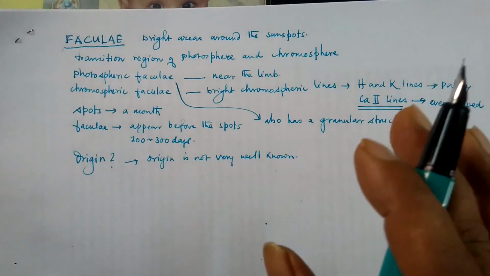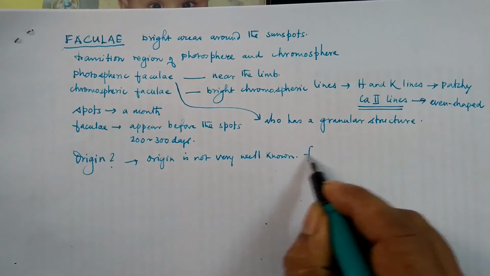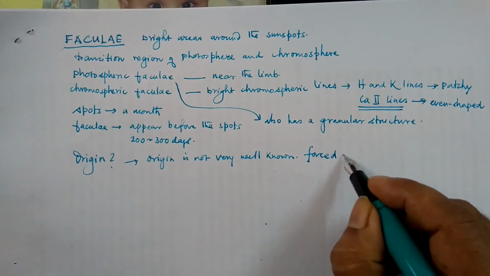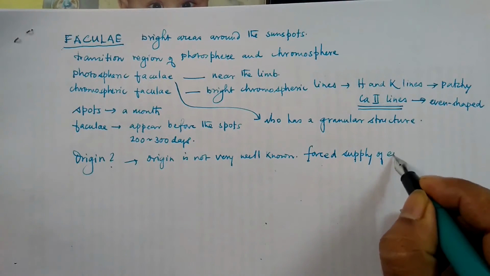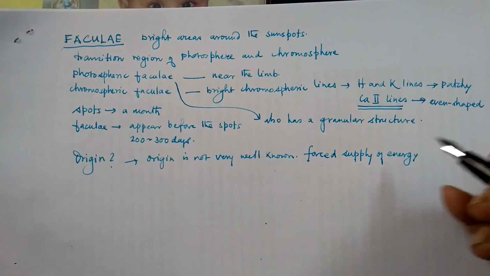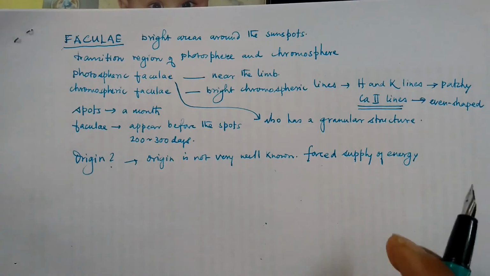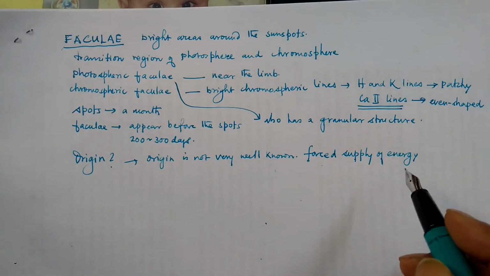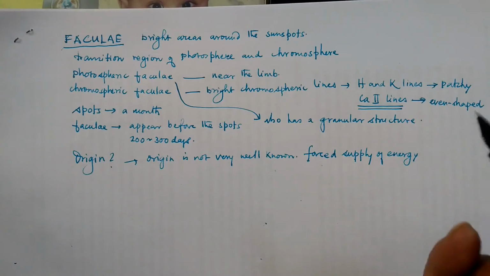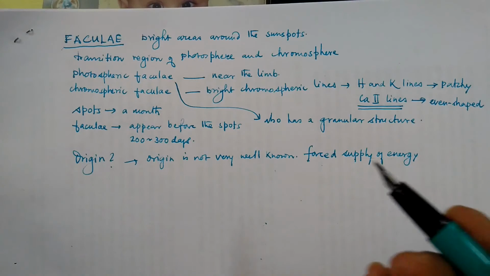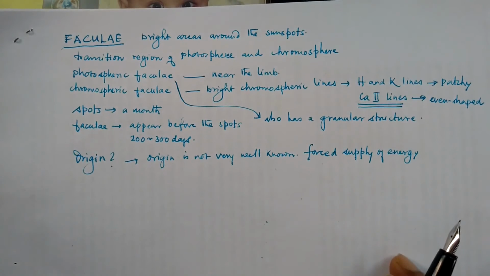It seems that there is a kind of forced supply of energy in those parts, hence those parts become very bright. Now we do not know whether this supply is maintained by the convection currents or by the magnetic field in the subphotospheric layer. This we do not definitely know.